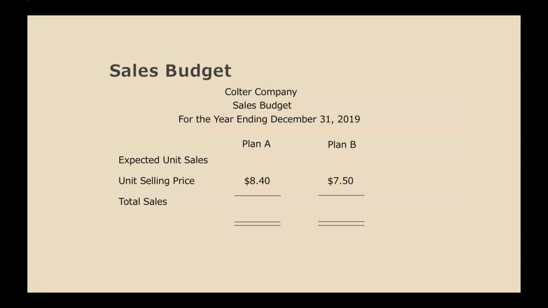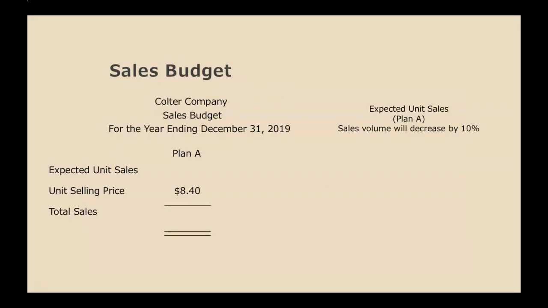Now, how do we figure out the expected unit sales, however, right? So we're told that under plan A, sales volume will decrease by 10%. But we need to first figure out what we were even at for the previous year, right? So we need to find 2018's sales volume. To do that, we're going to take our total sales from 2018 and divide that by the selling price per unit for 2018. So we were told initially that we had $6.8 million in sales in 2018.